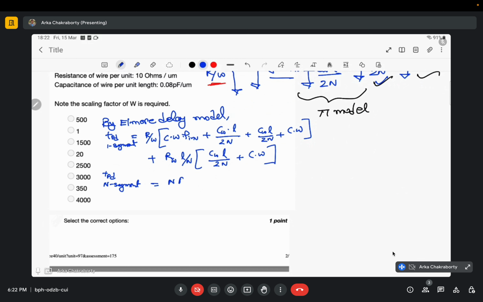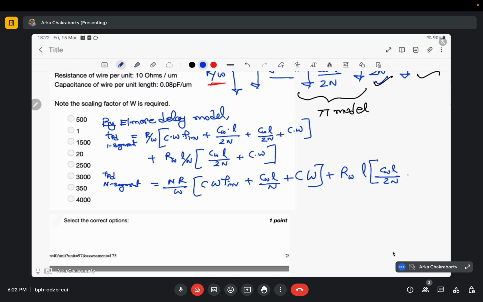So n R by W into C W rho inverter, plus 1 by 2n plus 1 by 2n, which is 1 by n, so C_W L by n plus C into W, plus R_W L. This n and n would cancel each other, and we get C_W L by 2n plus C into W.